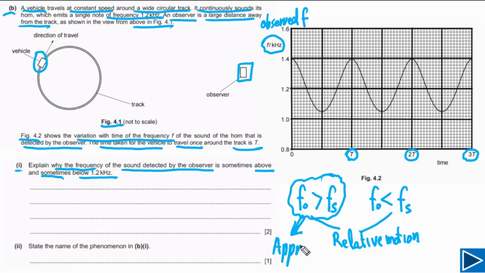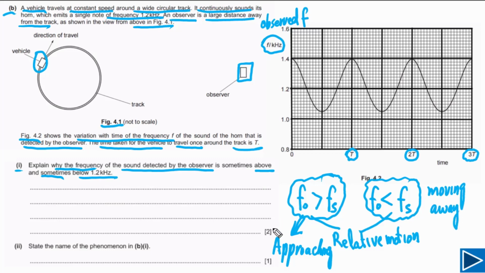In this case, our assumption is that the observer is not moving. And second, observed frequency will be lower than the frequency of the source when the source is moving away from the observer. And this is due to the Doppler effect.